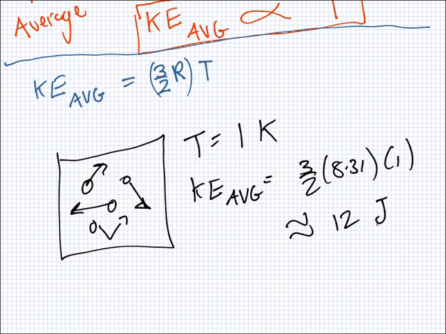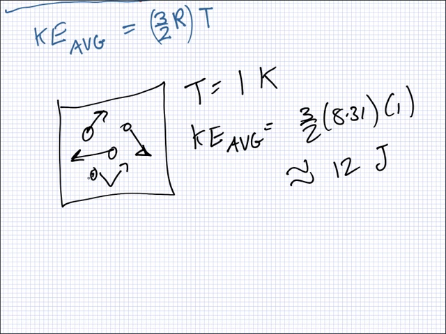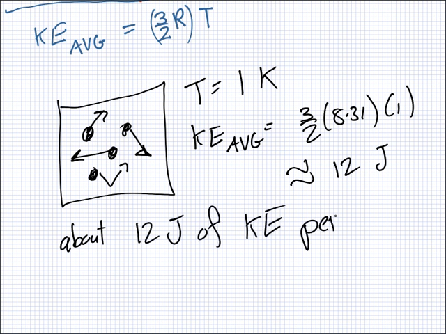So what that means is each of these molecules has about 12 joules of kinetic energy per molecule. Do you see what I'm saying? Now, do they all have 12?